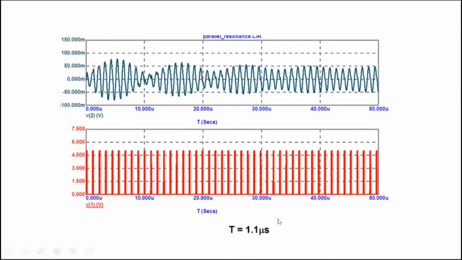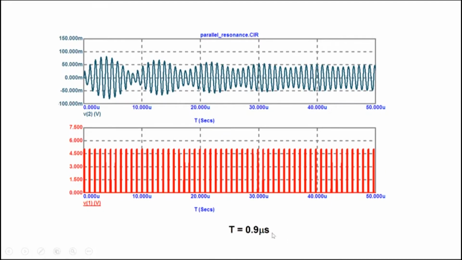Similarly, for example, T equal to 1.1 microsecond, the spacing of the train of impulses is 1.1 microsecond. If I apply a little faster impulse, let's say 0.9 microsecond, again the system is oscillating, but the amplitudes are relatively small, 50 millivolt.